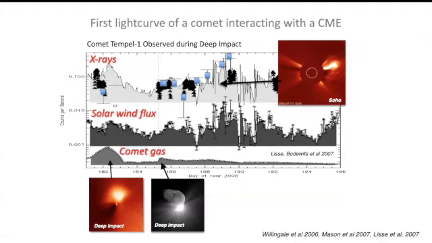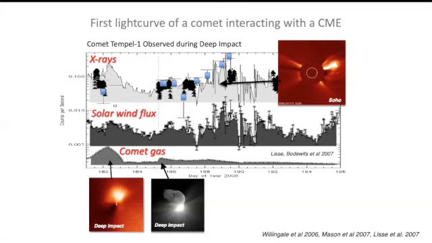To explore some of the diagnostics that cometary X-rays provide you, I'll walk you through an example of X-ray emission by Comet Tempel-1, which was the target of NASA's Deep Impact mission in 2005. To demonstrate a little bit of the rich diagnostics that cometary X-rays provide, I show you here an example of the X-rays of Comet 9P Tempel-1. 9P Tempel-1 was the target of NASA's Deep Impact probe.